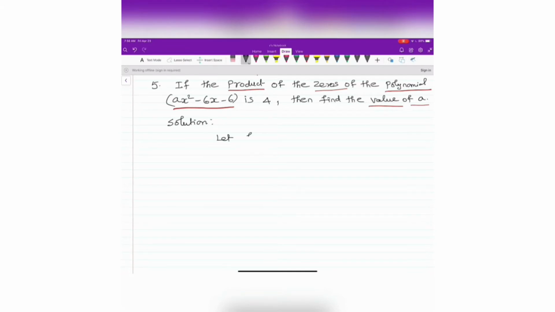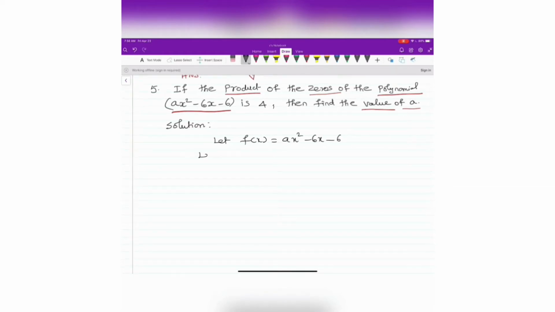Let f of x is equal to ax square minus 6x minus 6. So product of the zeros. So first let me write, let alpha and beta be the zeros of the given polynomial.